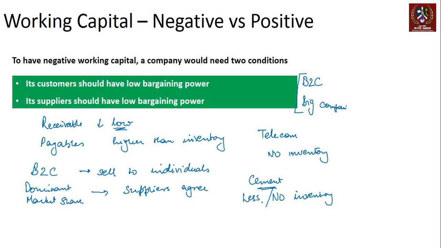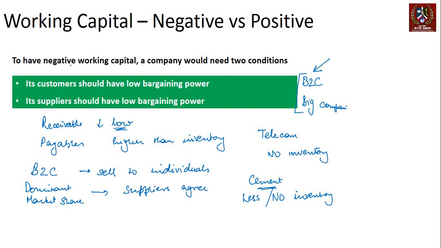So to have a negative working capital, a company needs to have customers who will agree to pay upfront, which is why it needs to be mostly a B2C company, unless you're a very large company and your customers, even though they are B2B, are smaller when compared to you, which could be the case with a company like Intel, right?